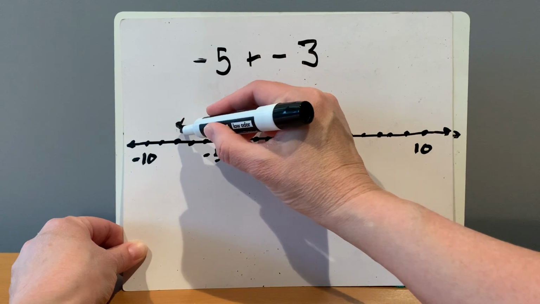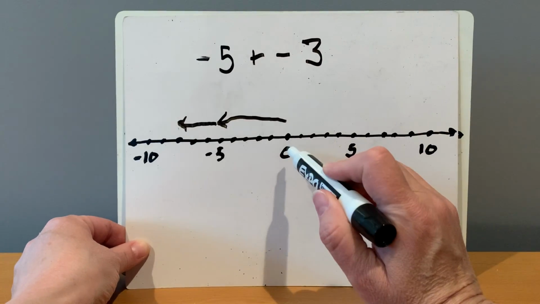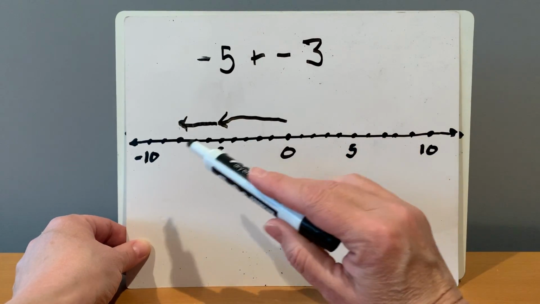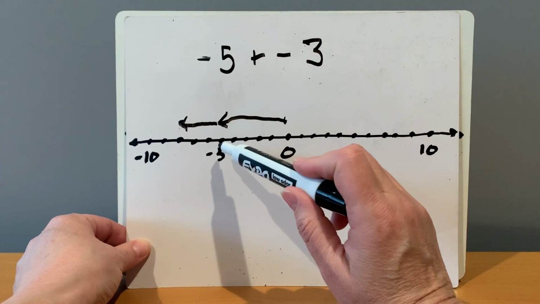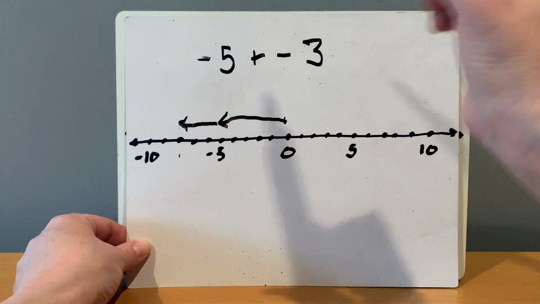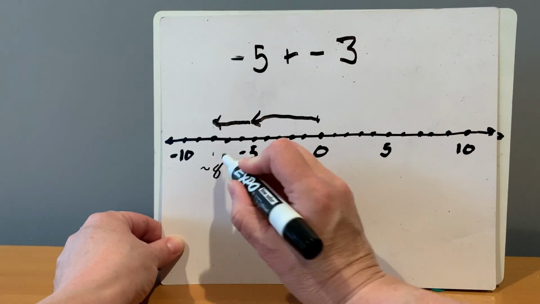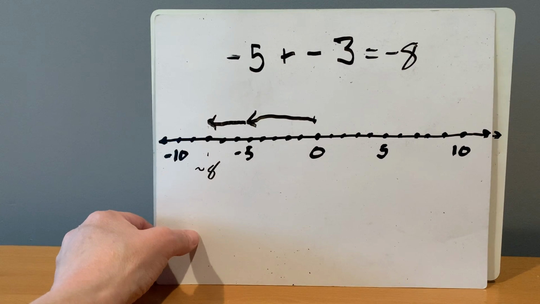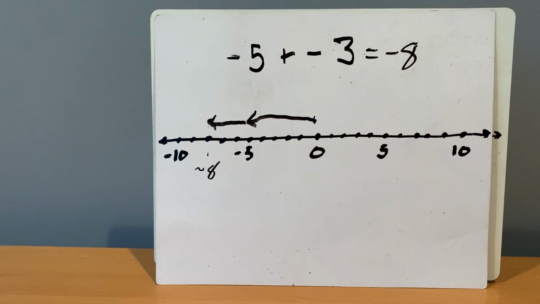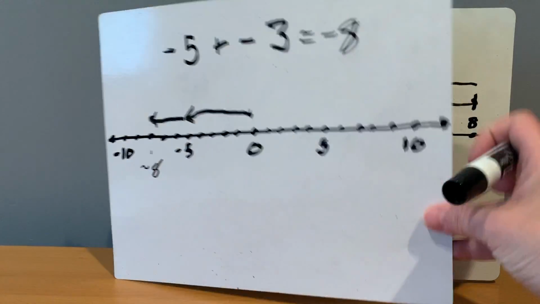So we will travel 3 more spaces. When it is negative, we are always going to be traveling to the left. So this one went 5 to the left and then 3, which leaves us at -8. So -5 plus -3 equals -8.